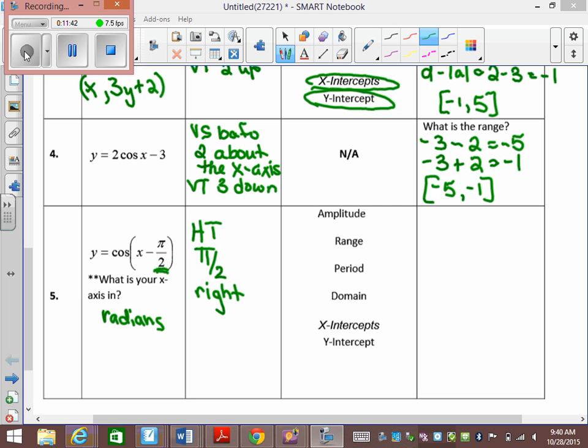Same rule goes here. So what do they do on trig? They'll give you your b, x plus c all together, and you have to remember to take that b out. Because the only rule for horizontal transformations is it needs to be 1x plus something or 1x minus something, right? So if you have a b value in front, you have to remember to take that out. Remember how I told you that's going to be the big catch? That's what they're going to do throughout. They'll do it in logs.